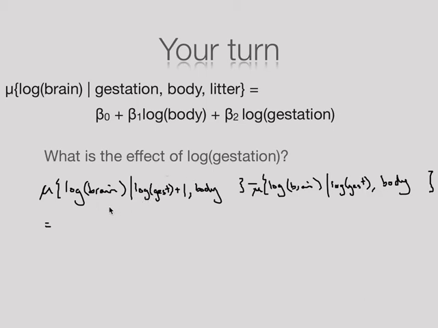The next step I want to take is to substitute in my regression model to replace each of these two means. So on the left-hand side, I have a beta 0 plus beta 1 times log body size plus beta 2. I have to be careful here, I've got a log gestation showing up, but really what I want is a log gestation plus 1. So log gestation plus 1.